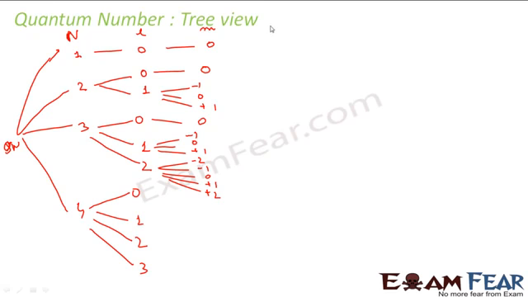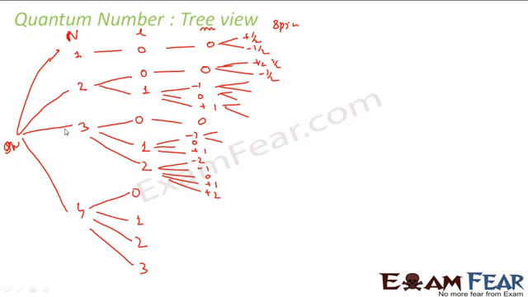Now I have something called the spin quantum number, right? For this I can have two values, +1/2 and -1/2. In fact, for any of these I can have two values, +1/2 and -1/2. For each of these, I'll have two values, and that is how the tree structure for quantum numbers looks.